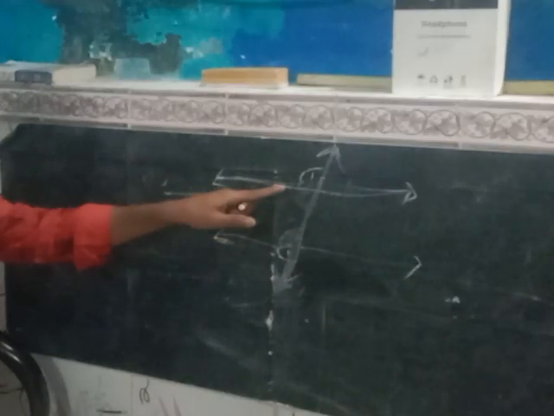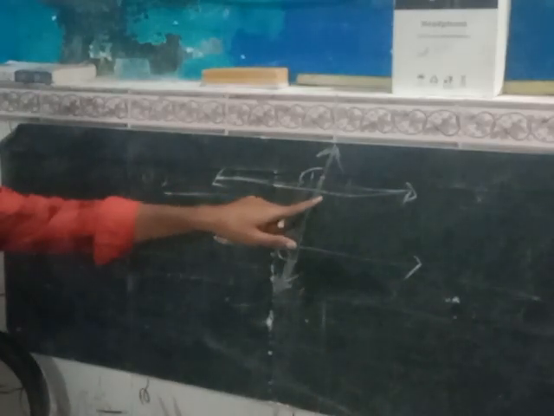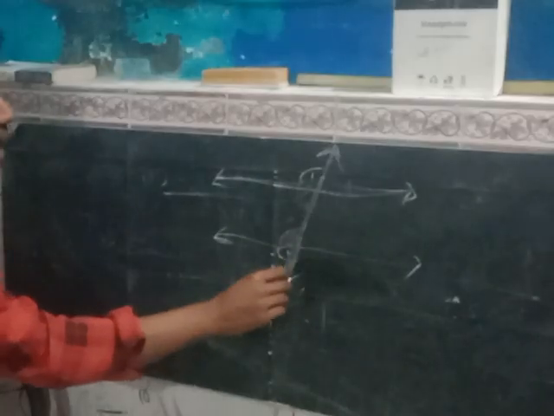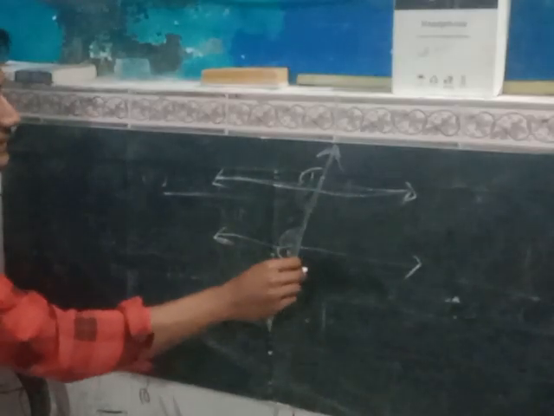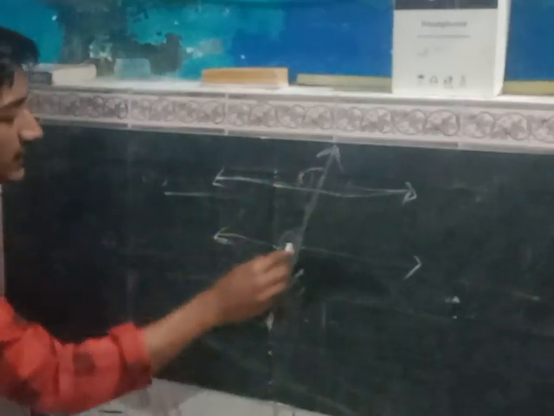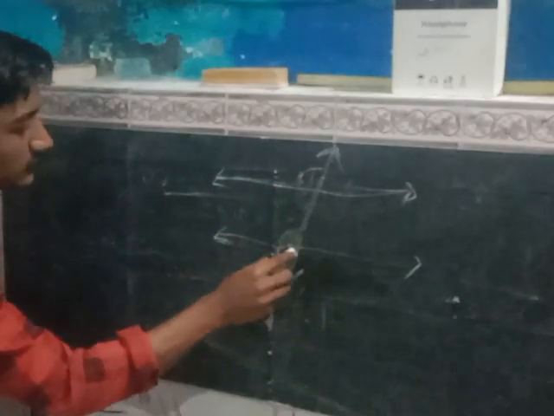So if we take this one as a transversal, there is only one parallel line. For parallel we have to take two lines. So this can be a transversal. One can be here and the second one can be here. We can say co-exterior angle.